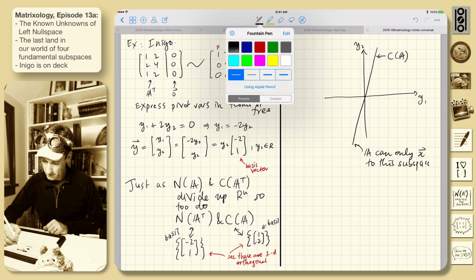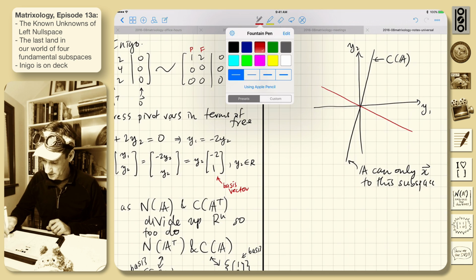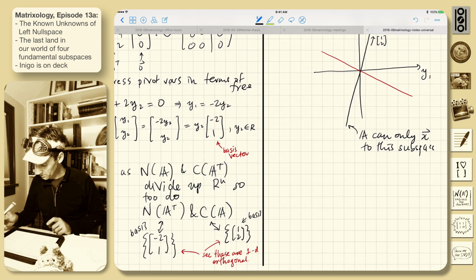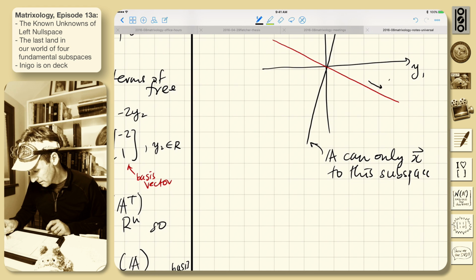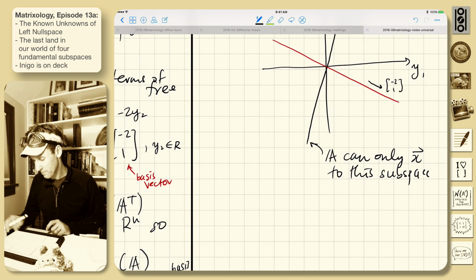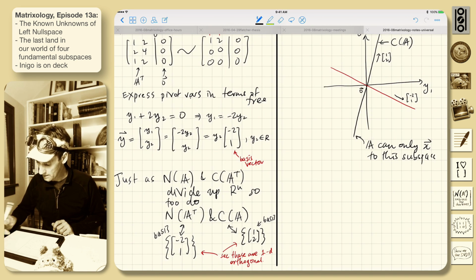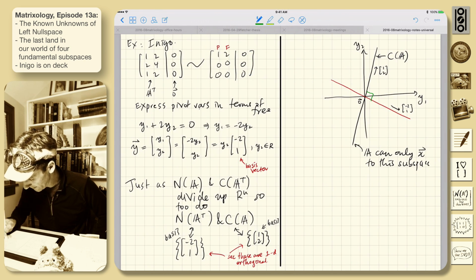And then we've got this other one, in a different color. It's at right angles. The direction of this is 1, 2. And then we've got minus 2, 1, so that's in this direction. Any multiple of minus 2, 1 is rooted at 0. These are at right angles, which is very important.